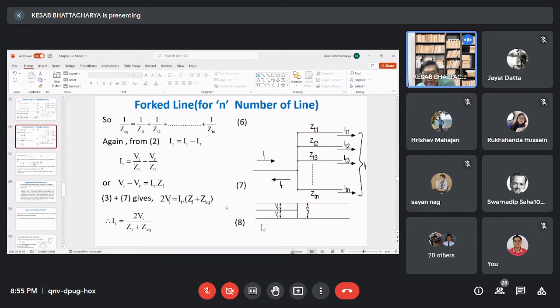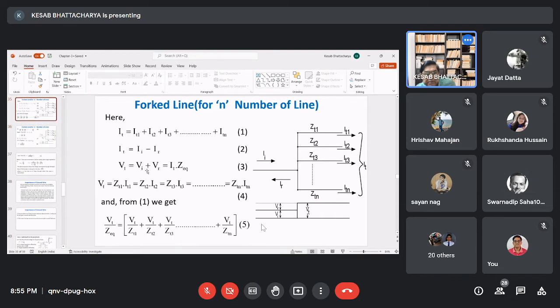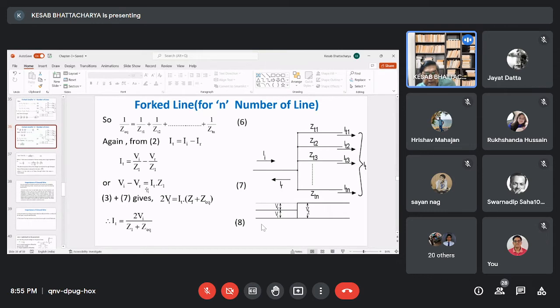Now 3 plus 7. 3 is this one: VI plus VR is equal to IT into Z equivalent. And 7 is this one: VI minus VR is equal to IT into Z1. So if we add them together, we get 2VI is equal to IT into Z1 plus Z equivalent.